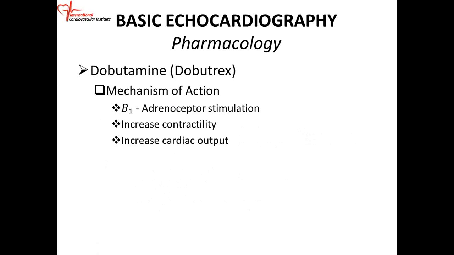When we stimulate these beta 1 receptors on the heart, it increases not only the heart rate but the contractility of the heart, and that is why we use dobutamine in stress tests, so as to increase the heart rate. Because it works on these beta adrenoceptor receptors and stimulates them, you get an increase in the heart rate and contractility, and hence the cardiac output.